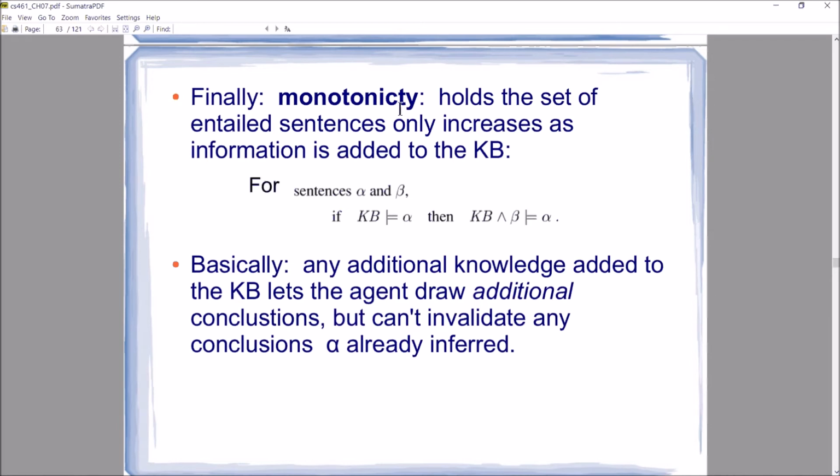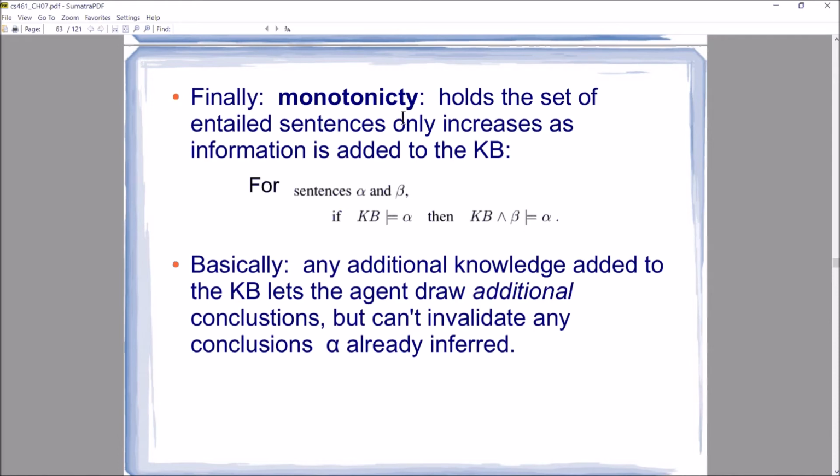This is just a name for an idea, and that idea says that the set of all entailed sentences can only ever grow when you're adding additional sentences to your knowledge base. So the more information you have in your knowledge base, the more entailed sentences you're going to have.